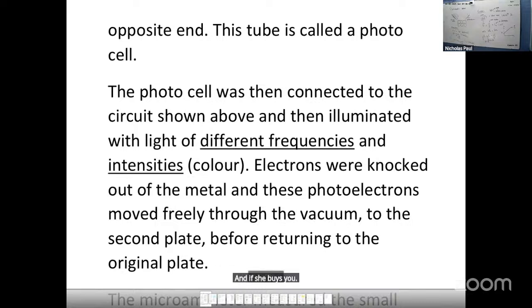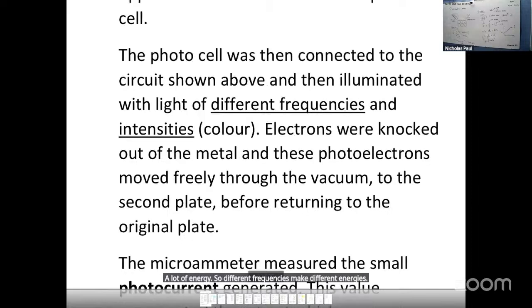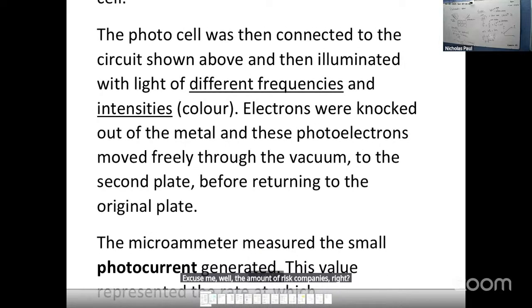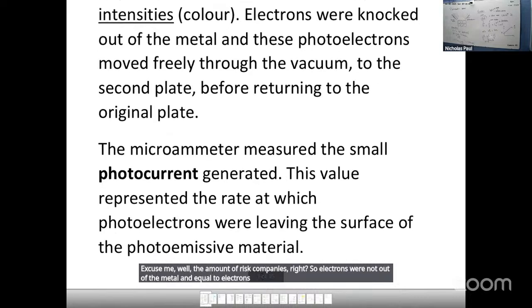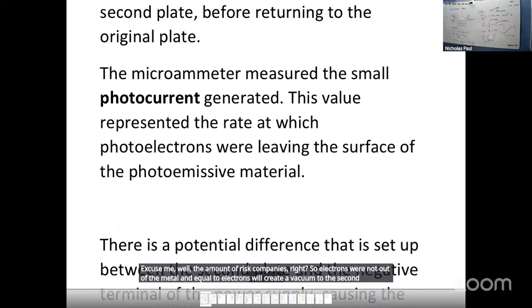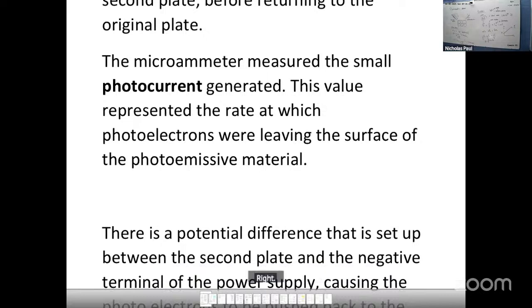If you change the frequency, you get a larger energy. So different frequencies mean different energies, and different intensities mean the amount of rays coming in. Electrons were knocked out of the metal, and these photoelectrons move freely through the vacuum to the second plate.